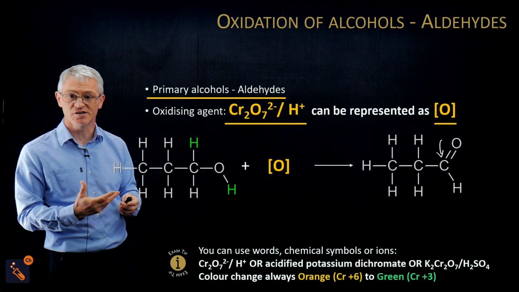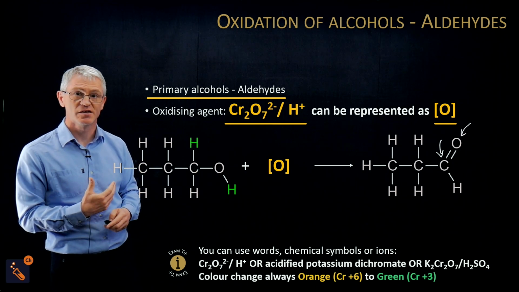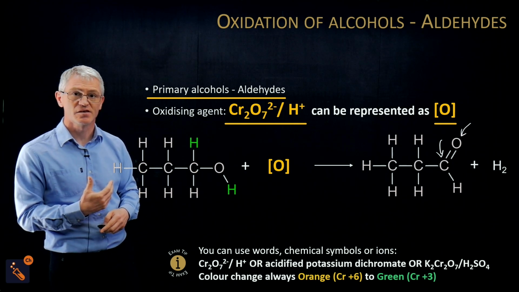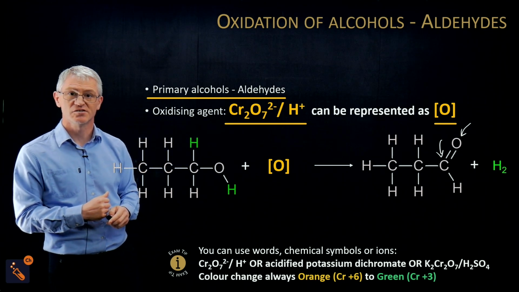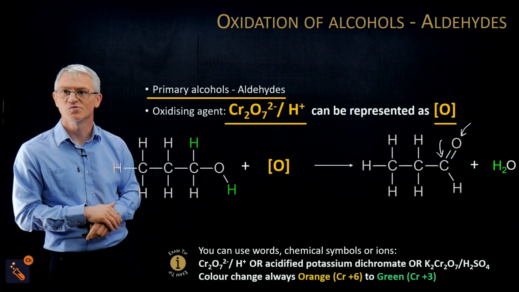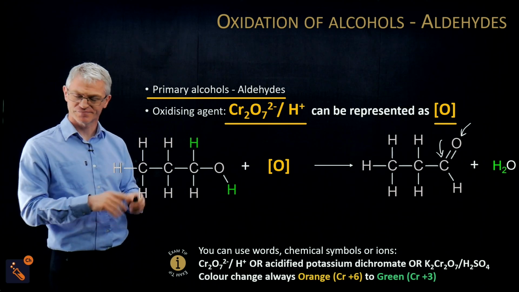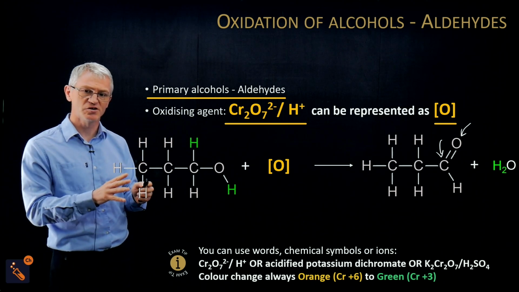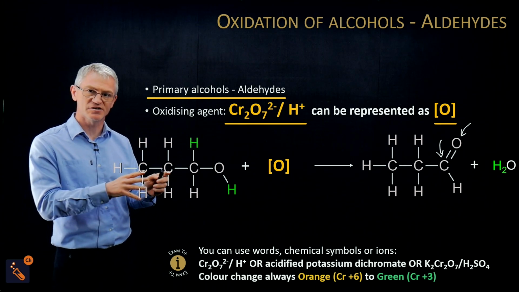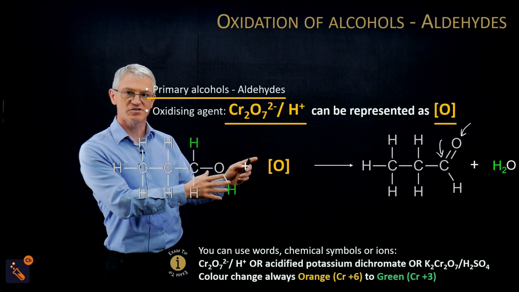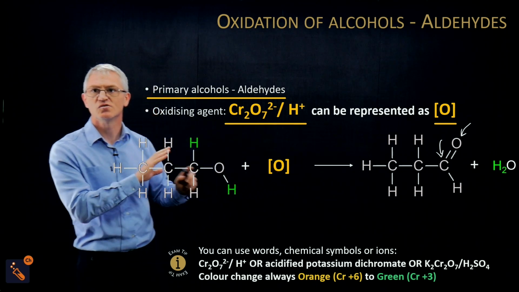Now, hydrogen oxidized is water. So those 2 hydrogens, which I've just put over the other side, are oxidized, and they're the green ones, and they become water. So a simple rule for this is when you're oxidizing a primary alcohol to aldehydes, you have 1 oxidizing agent and you create 1 water, always.